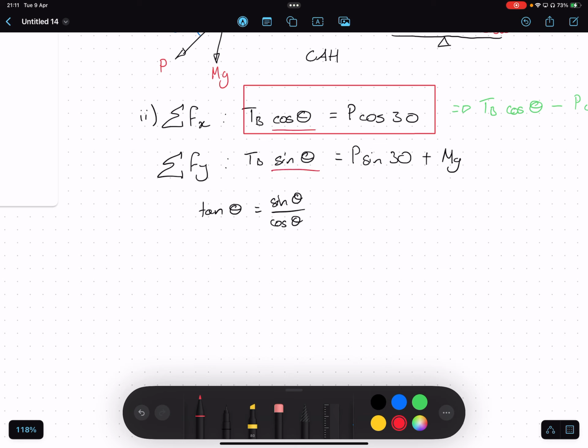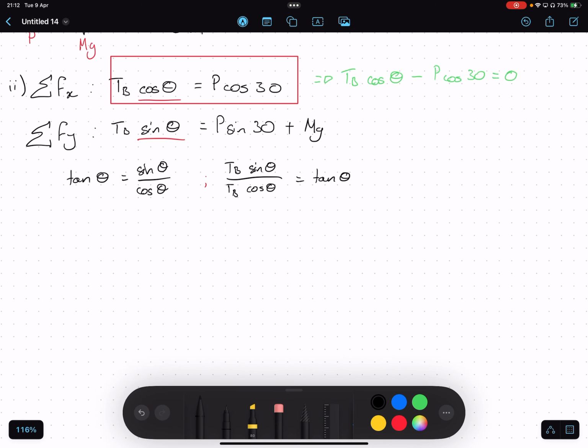So we can do a bit of rearranging, and we'll find that if we do TB sine theta over TB cos theta, we're going to get tan theta. But we know what TB sine theta and TB cos theta are equal to.